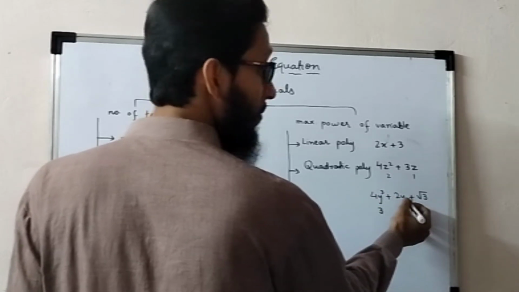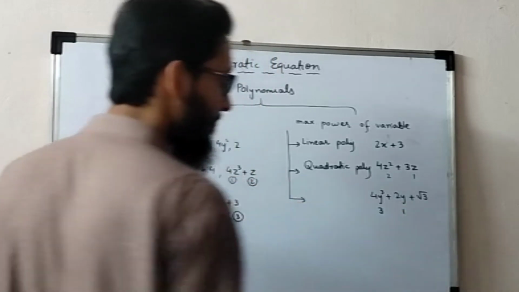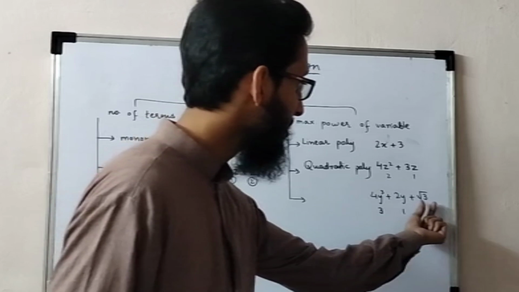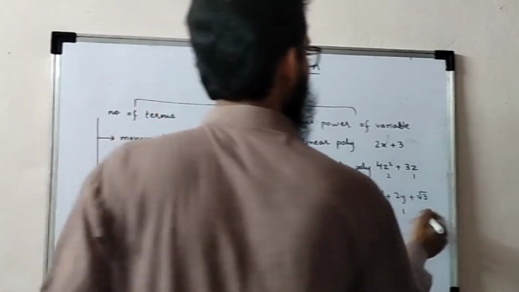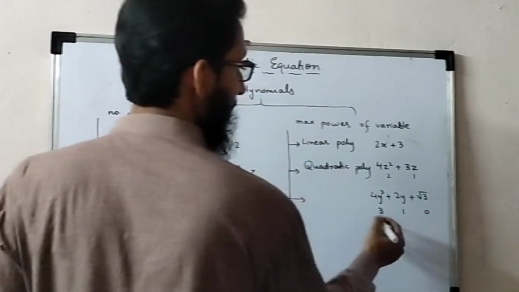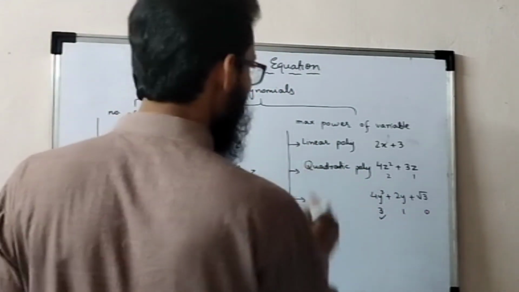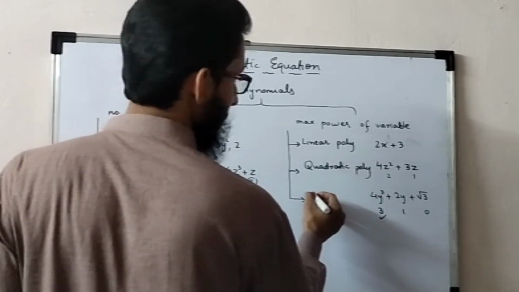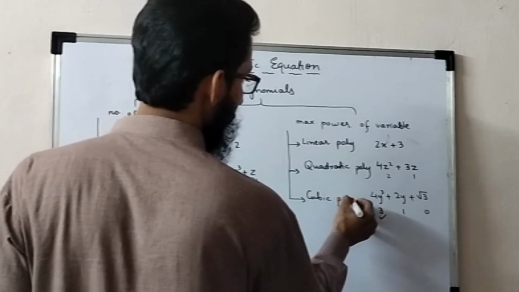Here the power of the variable y is 1. Now in this term there is no variable. It means the power of variable is 0. Now the maximum power is 3. Okay. So the polynomial with the variable of maximum power 3 will be called as cubic polynomial.